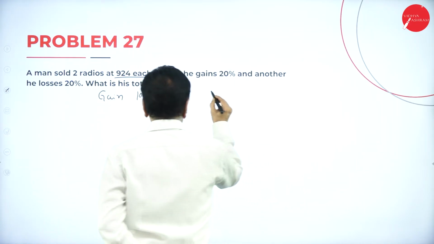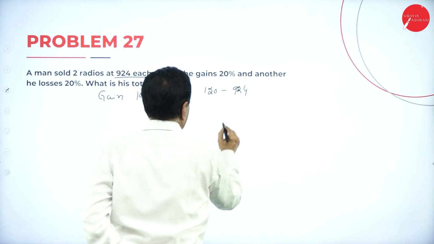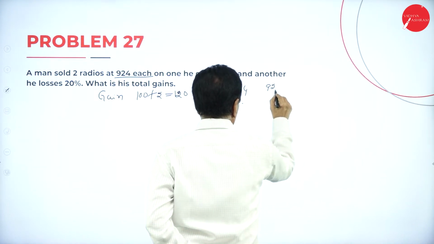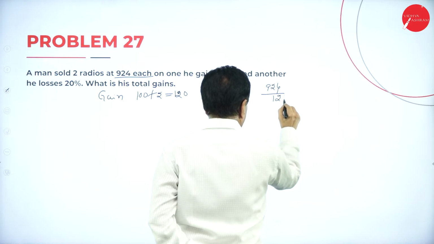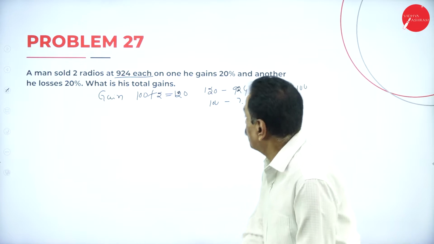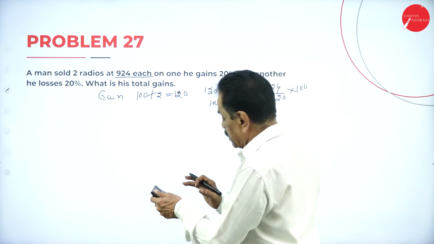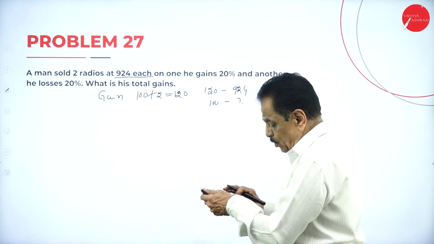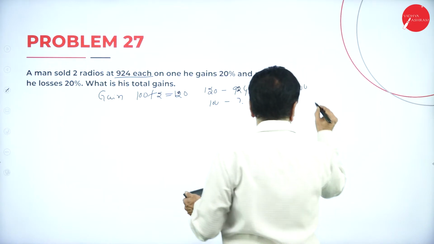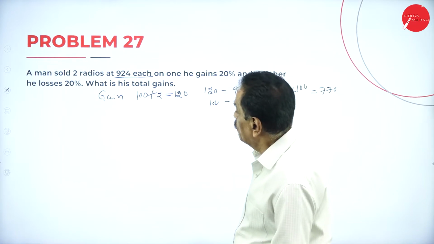So 120 is equal to 924. 100 is equal to what? 924 divided by 120 into 100, which is 770. That is the cost of the first one.